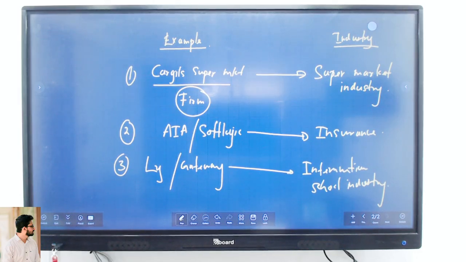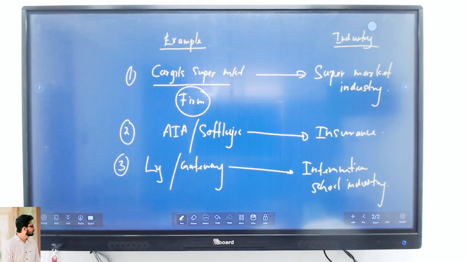If you take the hotel industry or construction industry, there are so many firms in the construction industry providing similar services, perfect substitutes. This means they are competitors. Telecommunication industry is the industry where all firms provide the same good or service.